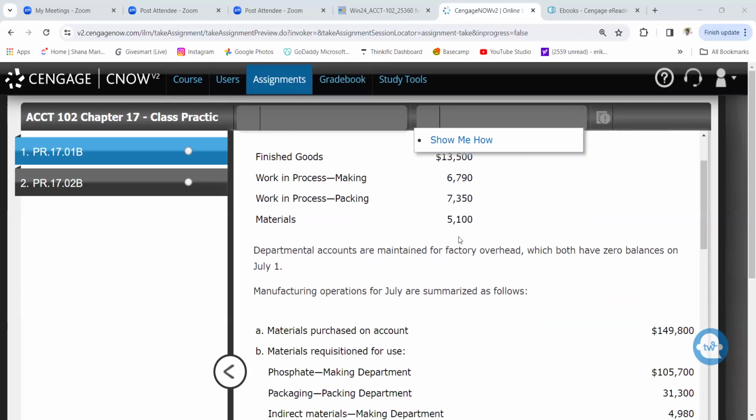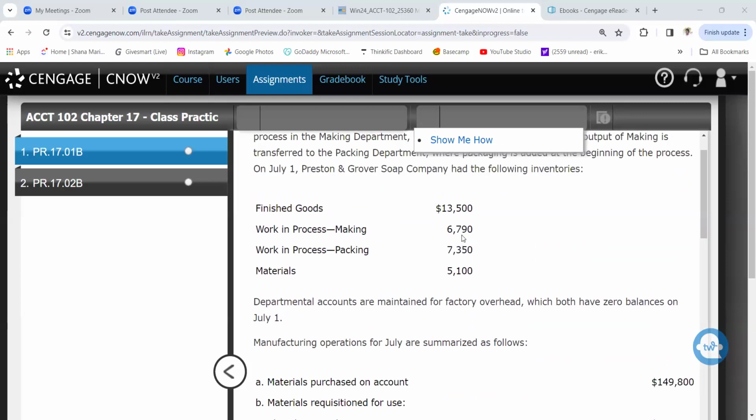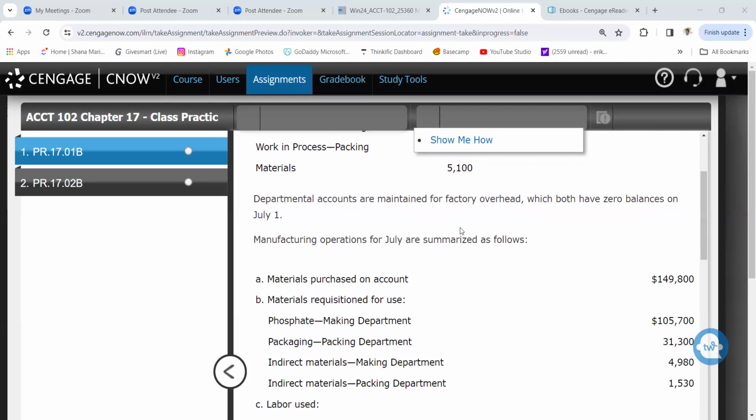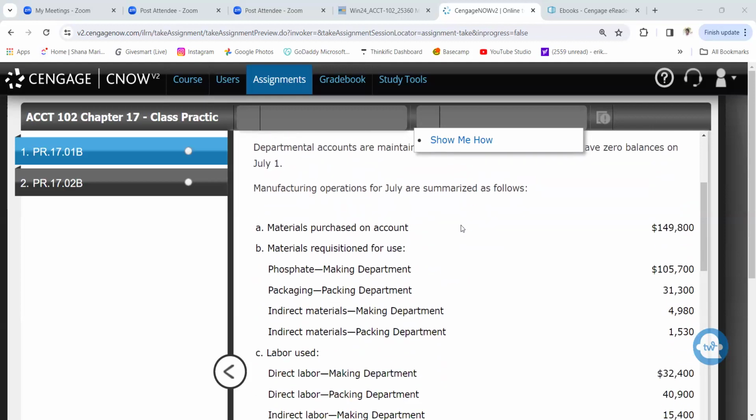So on July 1st, they started with finished goods, 13.5, WIP making, WIP packing, and materials. And then the departmental accounts are maintained for factory overhead, which both have zero balances on July 1st. And below are the July summarizations of what occurred.